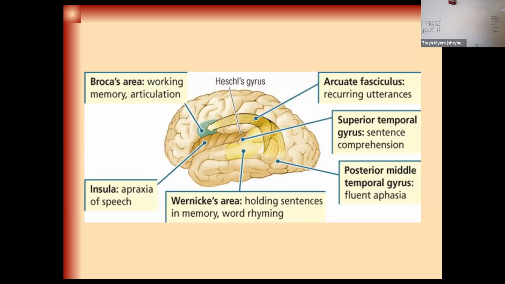Typically, no. I would say the only exception would be if you were born with a defect, which in itself, we may or may not be able to classify as damage to the brain. But basically, unless there's something that goes wrong in the brain, typically you will not see this. Now, that being said, what happens in the brain can be more far-reaching than just this.